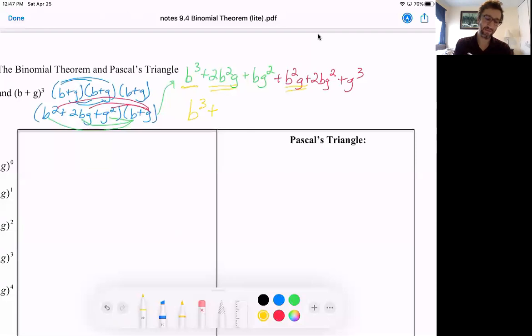There's 3 of those, 3b squared g. And then we have a bg squared here and a bg squared here. So that's one of those plus 2 of those is 3 bg squared. And then lastly, we have a g cubed. So that's how we expand that binomial.